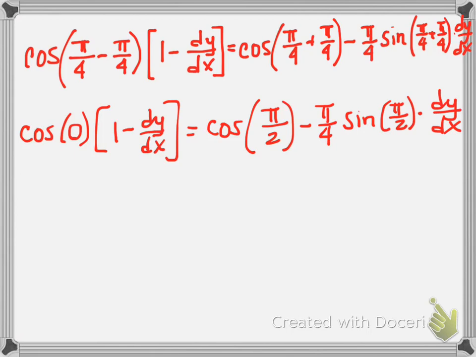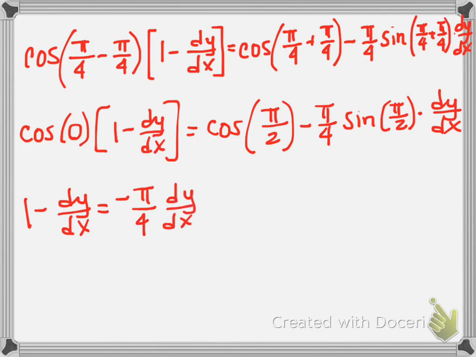And now I can simplify. I can evaluate all these trig functions. Cosine of 0 is 1, so I have 1 minus dy/dx equals cosine of pi over 2, which is 0. So then I get negative pi over 4 times sine of pi over 2. Sine of pi over 2 is 1, times dy/dx.